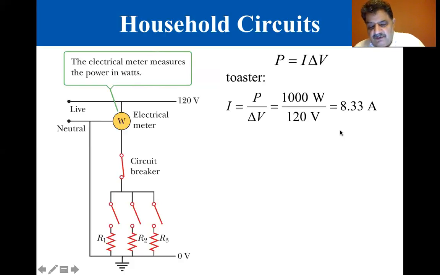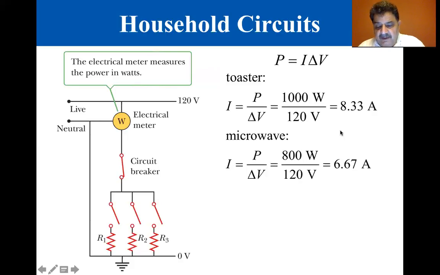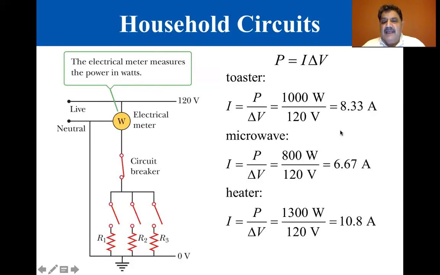The toaster rated at 1,000 watts draws a current of 8.33 amps. The microwave oven, rated at 800 watts, draws a current of 6.67 amps. And the heater, rated at 1,300 watts, draws a current of 10.8 amps.